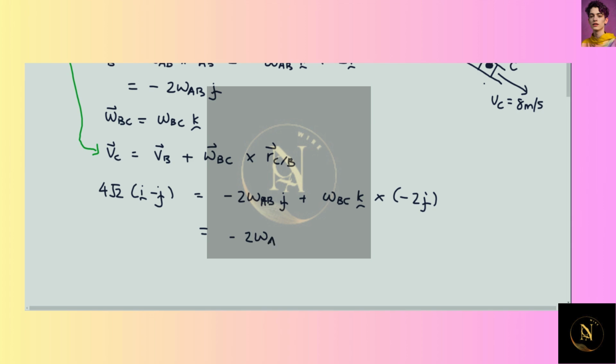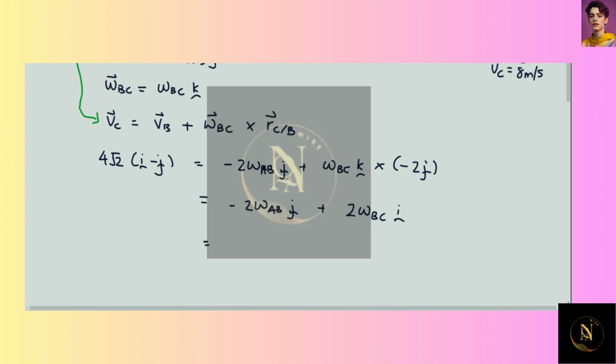Minus 2 omega AB J plus, so K cross J gives minus I with a minus sign, so you get 2 omega BC in the I direction. Right, so just to rearrange the components easily, 2 omega BC I minus 2 omega AB J.